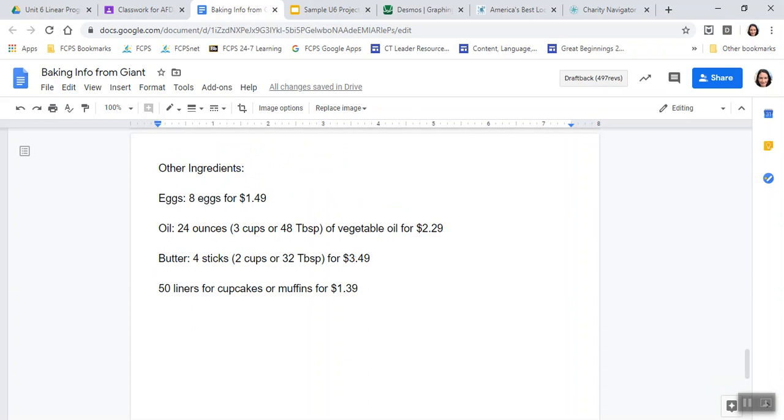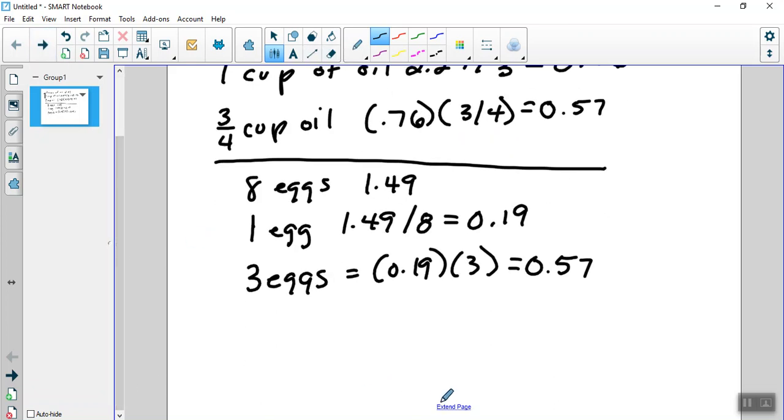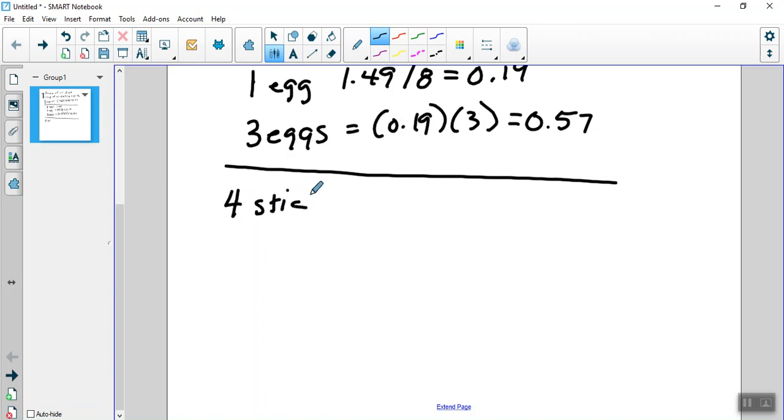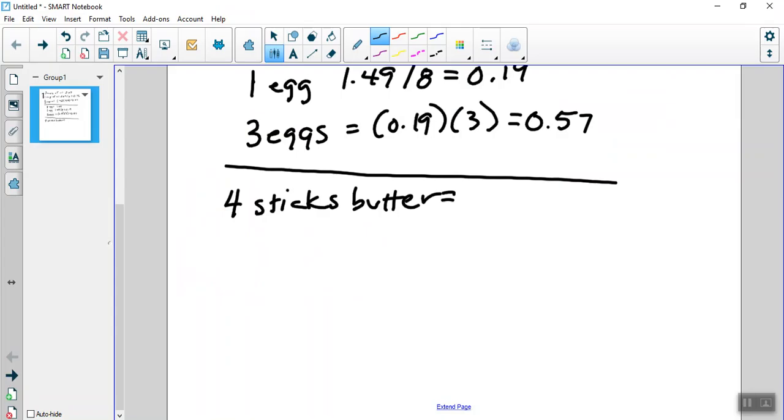So let me go and figure this out. Okay, 4 sticks butter equals $3.49.